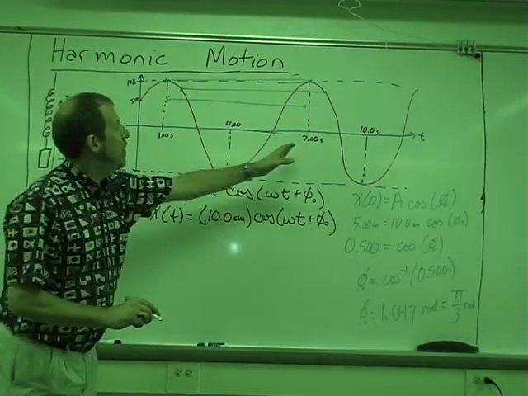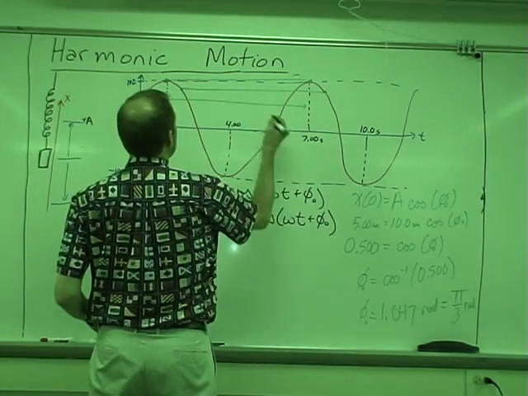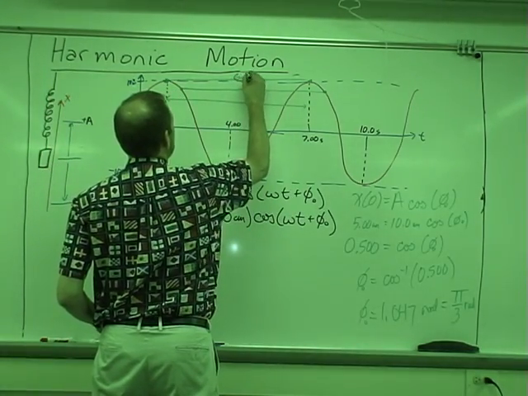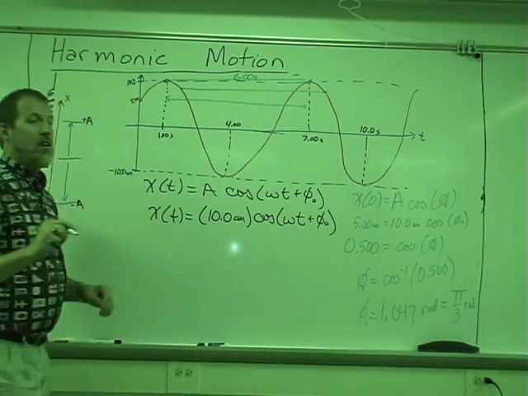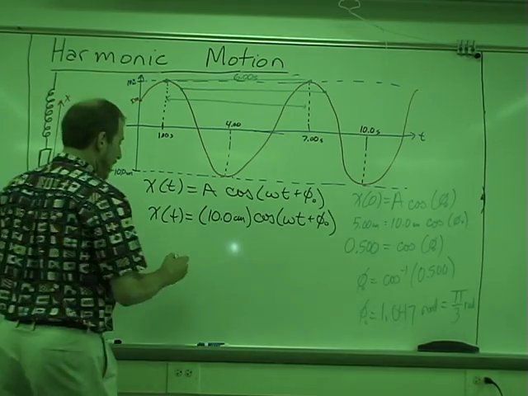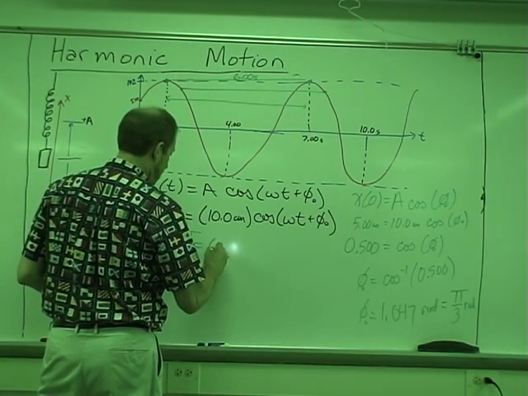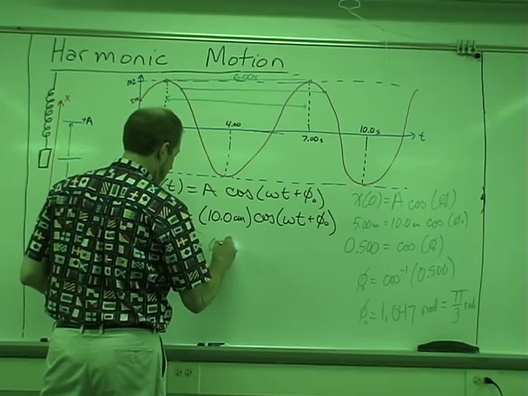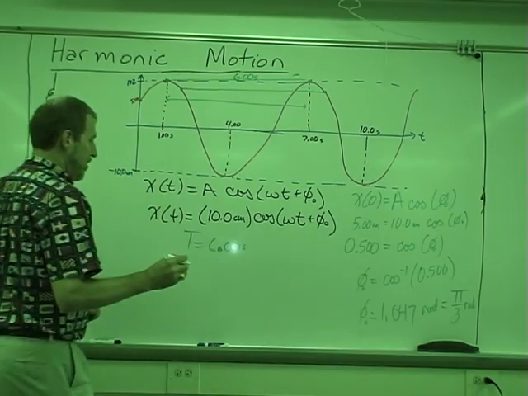But I've got an easy way to measure that here. That is, hey, to our closest ability to eyeball that, 6 seconds. So the period is equal to 6 seconds.